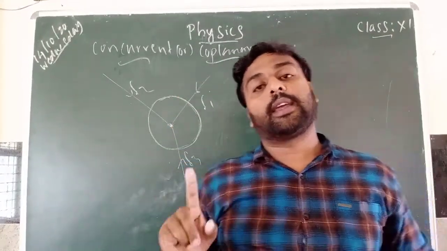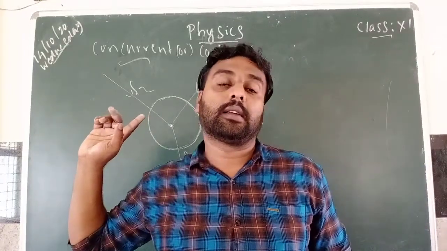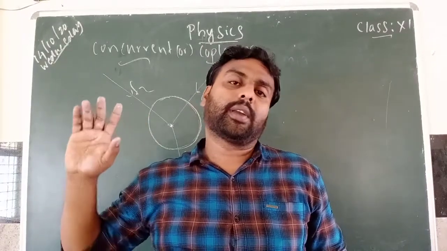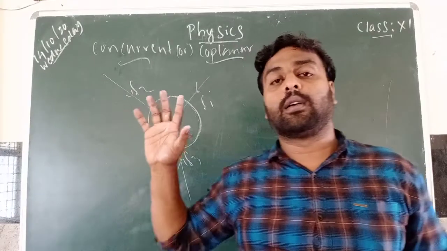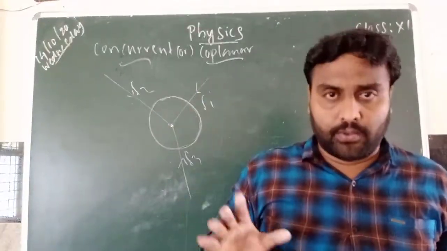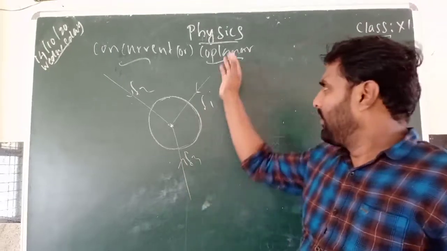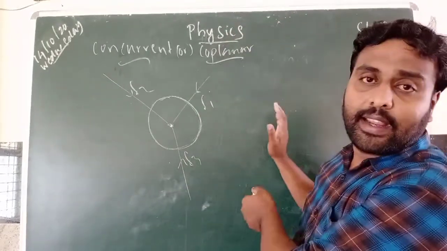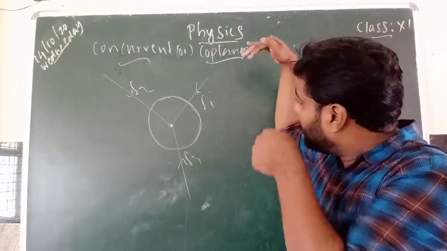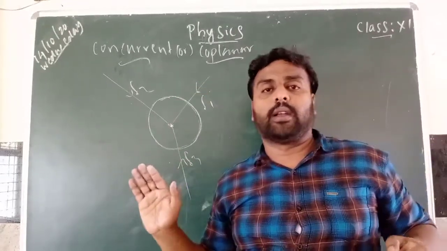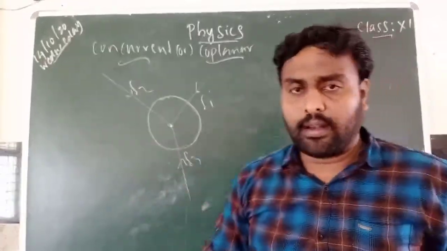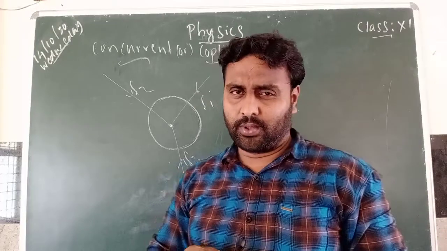So we can say these are concurrent forces, or we can say these are coplanar forces. Understand? All the forces which are acting in a plane at the same point, we can tell they are coplanar forces.